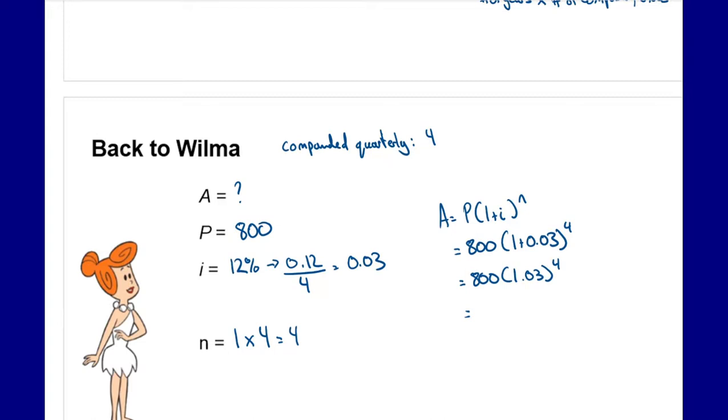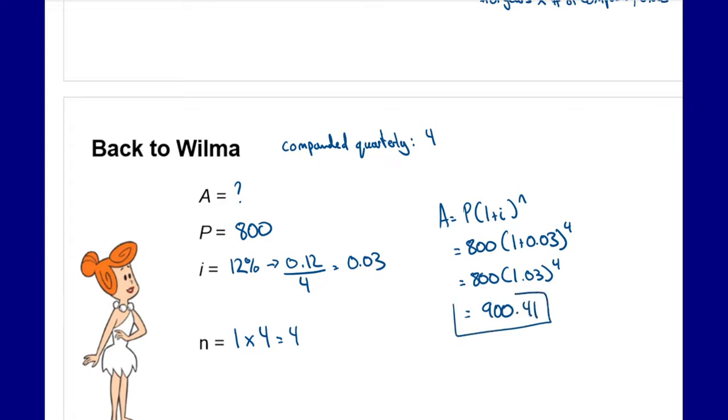Multiplying by 1.03 again, getting an answer. Multiplying by 1.03 again, getting an answer. So you can see how this formula, when we break it down, is the same thing that we were doing in that table. So 800 times 1.03 to the power of 4, we get $941.